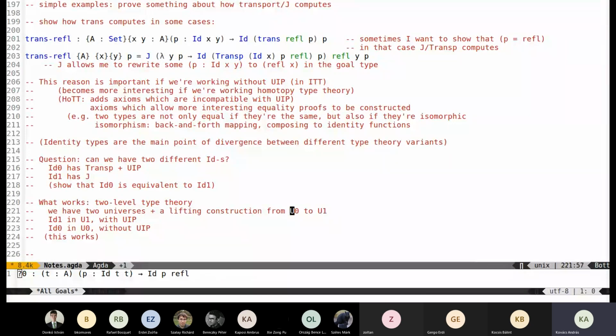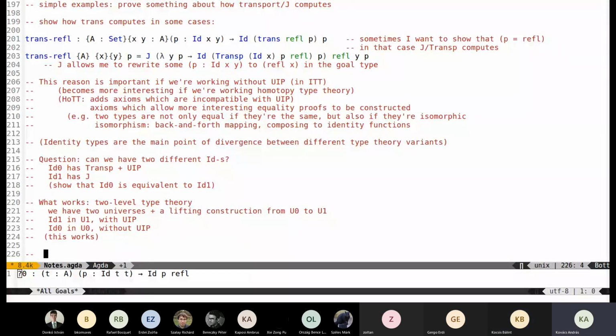So we have double indexing, because universes can be indexed by level 1 and level 2 in this way, but also in the usual way, and then we have U00 and 01 and 02 and so on. And then we can lift from U0i to U1i, but we cannot lift from U02 to U11, for example.